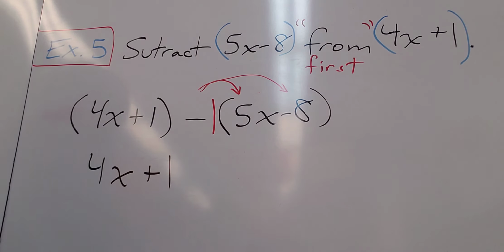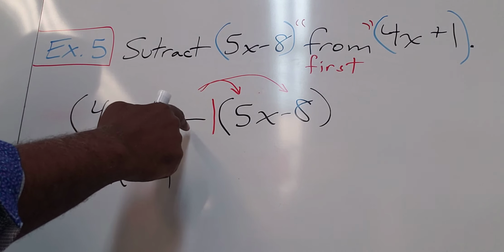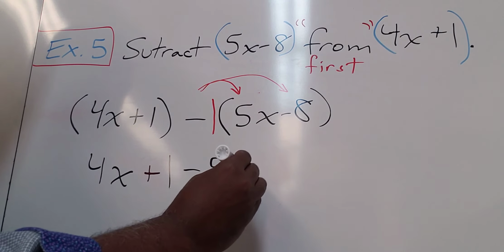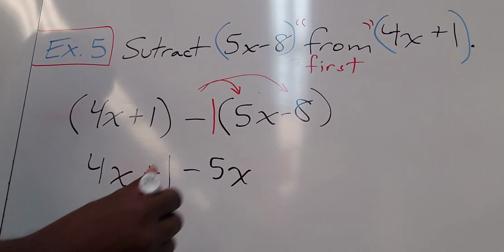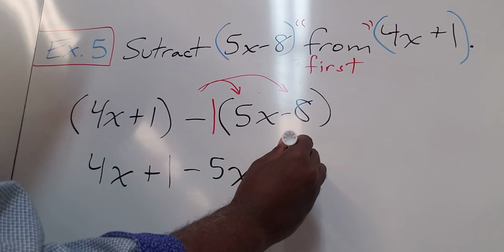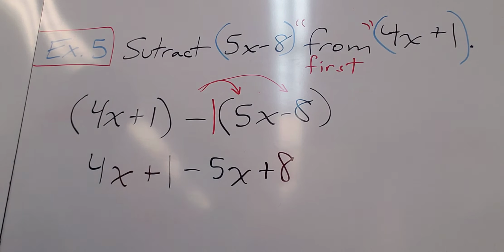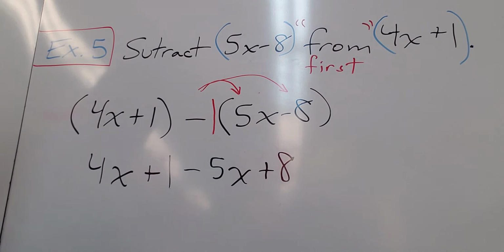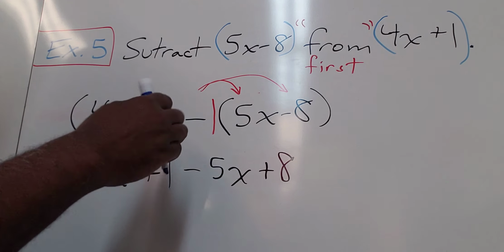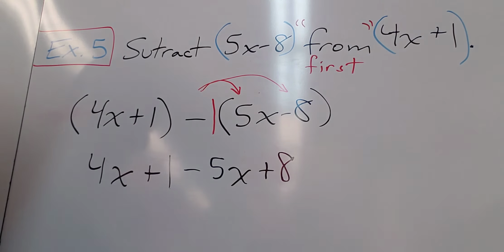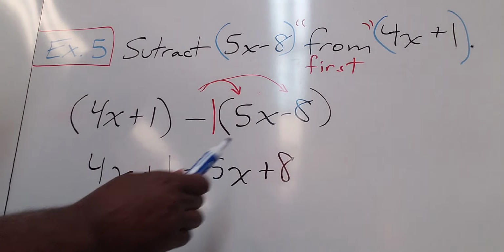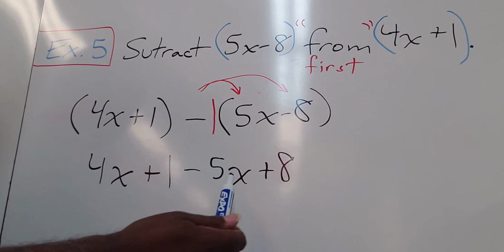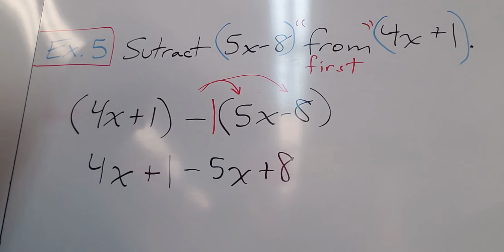I'm going to drop the parentheses now. Negative 1 times 5x gives us negative 5x, and negative 1 times negative 8 gives us a positive 8. Once again, the negative sign really matters. Don't make that mistake. Put a star on it right now to remind yourself. This negative sign goes to each of the terms in the parentheses it follows, changing both of the signs. So you see the 5x is now minus 5x, and the negative 8 is now plus 8.